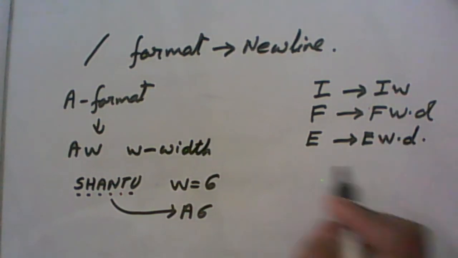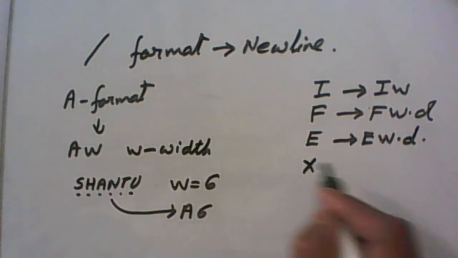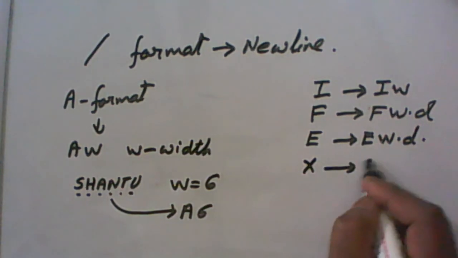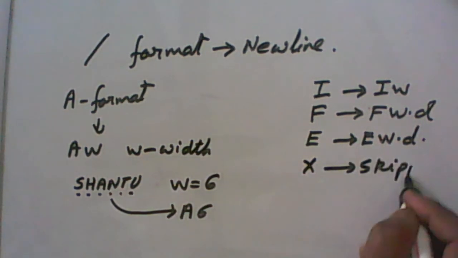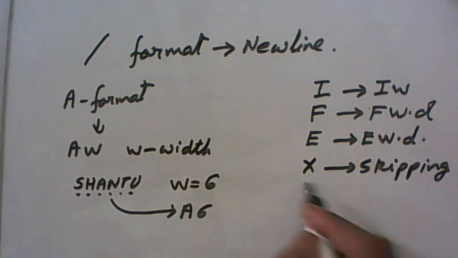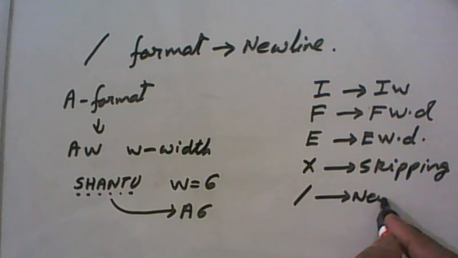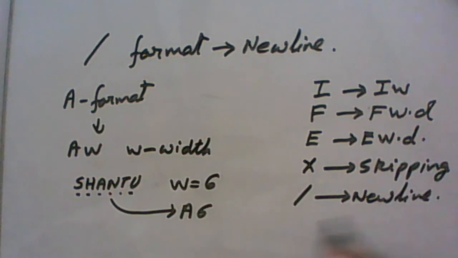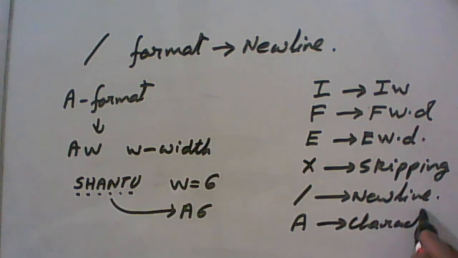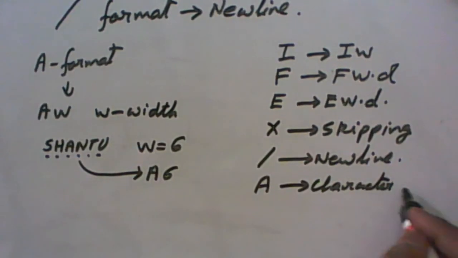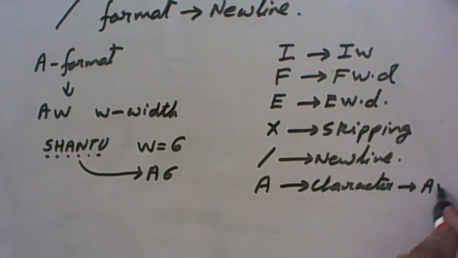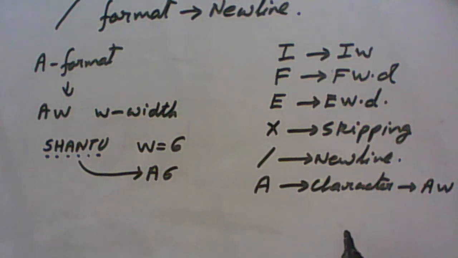Then we talked about the X format, which is for skipping lines or skipping columns. Then the slash format, which is for a new line. And we talked about the A format, which is for character type of data. The general form for this is Aw. So these are some formats that are used in Fortran.